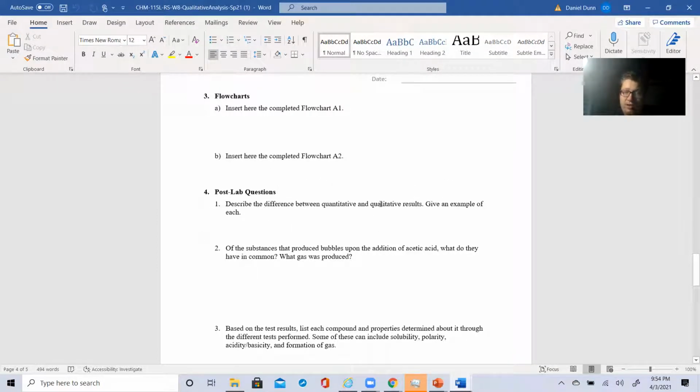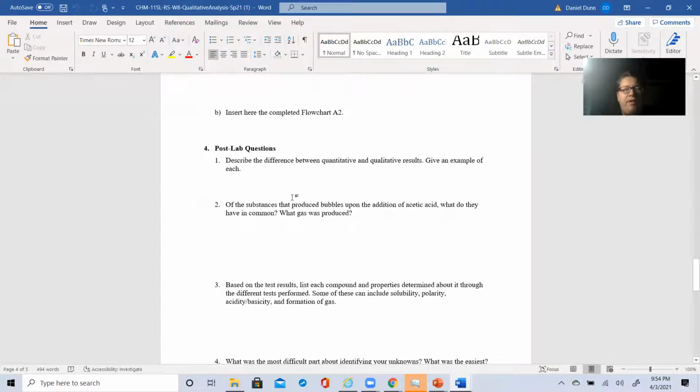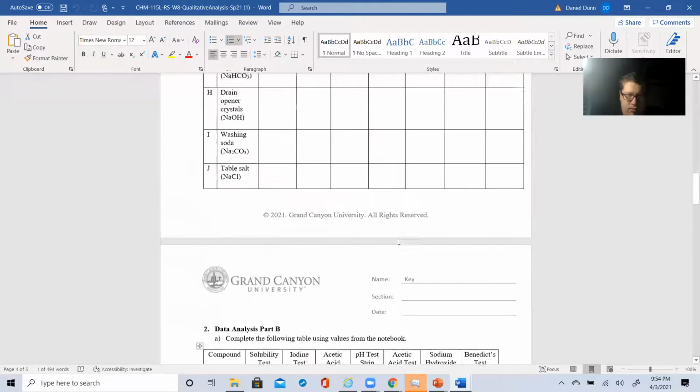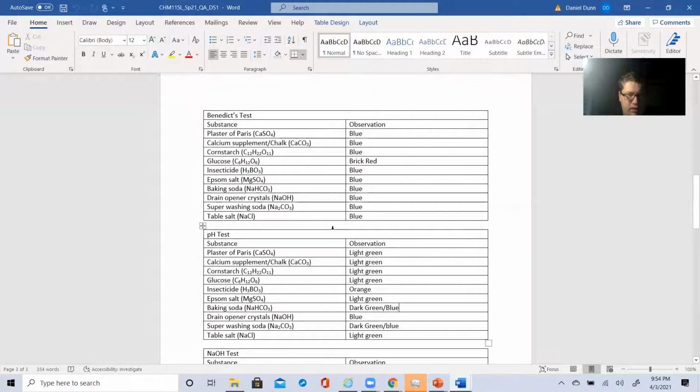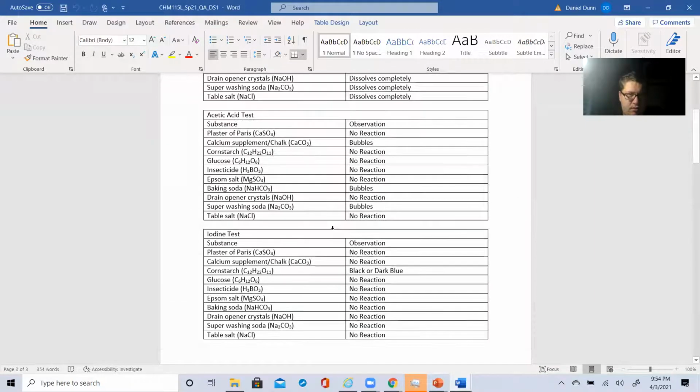I've told you the difference between qualitative and quantitative. Quantitative, numbers. Qualitative is data like sounds, smells, colors, other things you can't quantify with numbers. Other substances that added bubbles in the acetic acid test. What do they have in common? I don't know. So look it up. Acetic acid test.